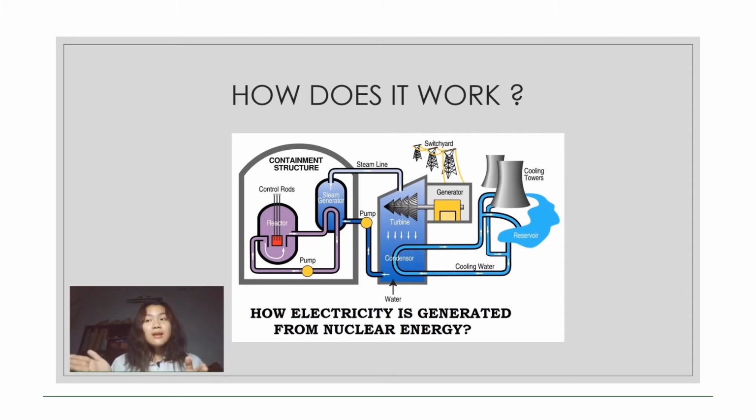Then heat energy is produced from the fragments of the fission and the kinetic energy of free neutrons, which is used to heat water and produce steam under pressure to make the turbine blades turn. Then this kinetic energy of the turbine blades will make the coil of wire turn in a magnetic field.